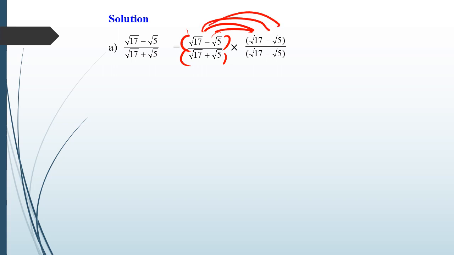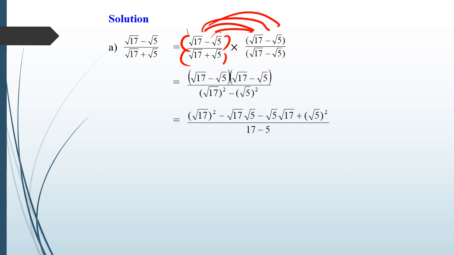Okay, so what do we have on the numerator? We have root 17 multiplied by root 17, and then we have negative root 5 multiplied by root 17, so negative root 5 root 17, and then root 17 multiplied with negative root 5, so we have negative root 5 root 17, and then the last one, negative root 5 multiplied with negative root 5, we get positive root 5 squared.